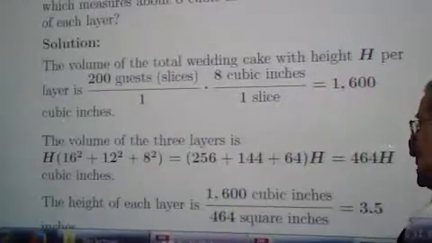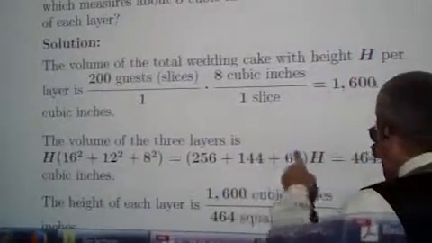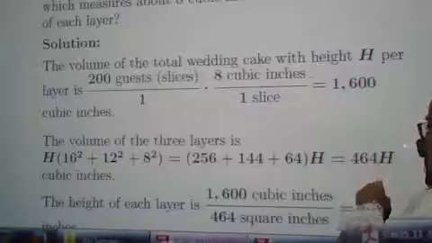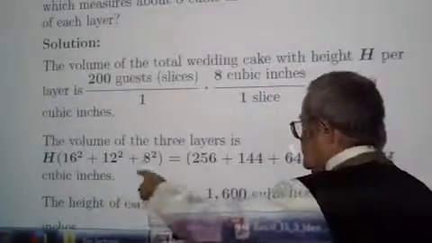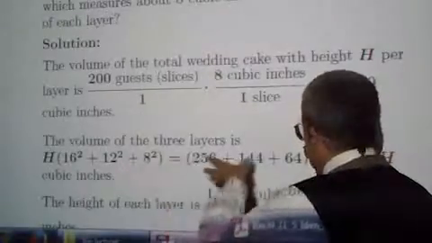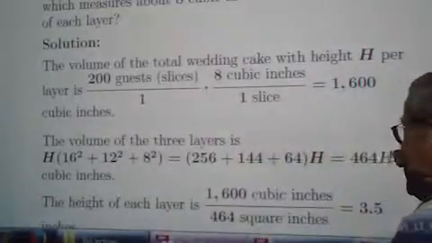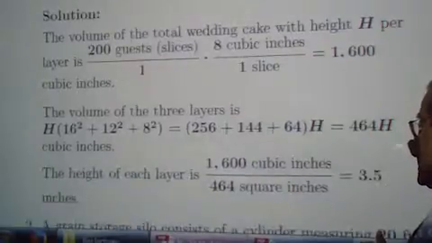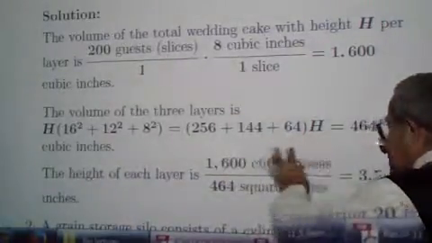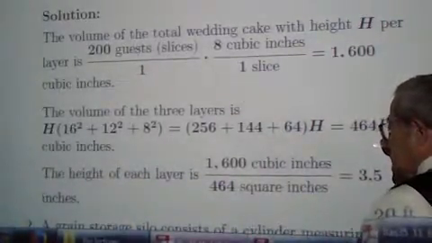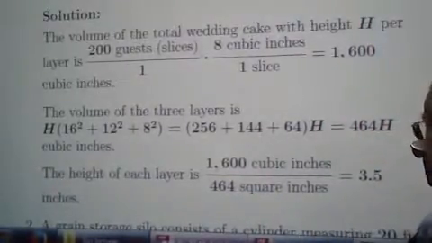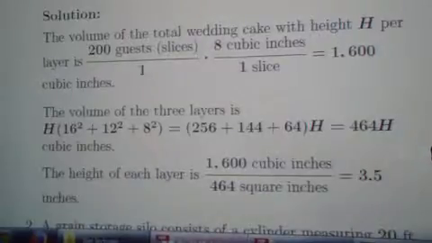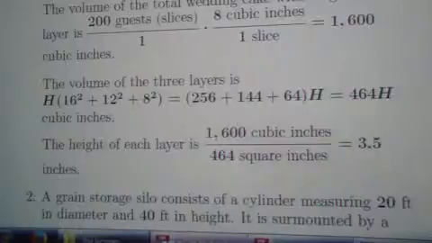The volume of the 3 layers is about 464 times the height of each layer, that's 16 squared plus 12 squared plus 8 squared, all multiplied by h. And what is the height of the layer? The total number of cubic inches divided by 464 square inches, which is about 3.5. So 3.5 inches for the height of each layer.